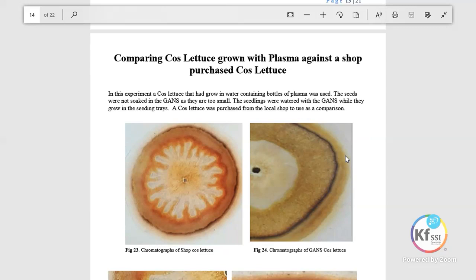The lettuce, we treat our seeds differently in that because they're so small, we don't really soak them. It's very difficult to soak them in water and then plant them. So we just plant our seeds normally, but during the 4-week period where they are on our grow table, we water them with the GANS while they are still starting to germinate, and throughout the growth period, we then add the GANS during that period of their growth.